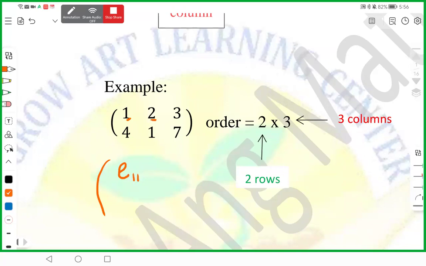The next is first row, second column, so E12. This is E13, the third column. Then the second row, first column: E21, E22, E23.